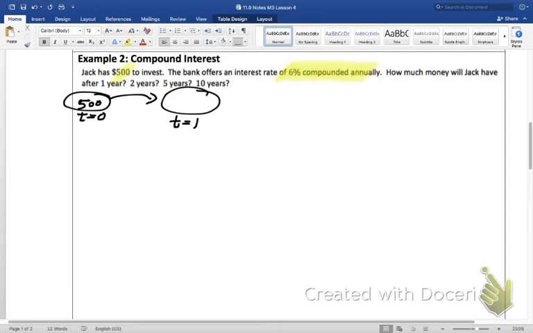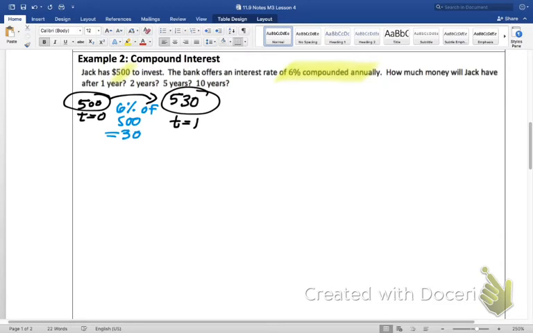So that means 6% of the previous year, which was 500. If you do 0.06 times 500, you get 30. That's telling you to add 30 to 500, and you get 530 after 1 year.